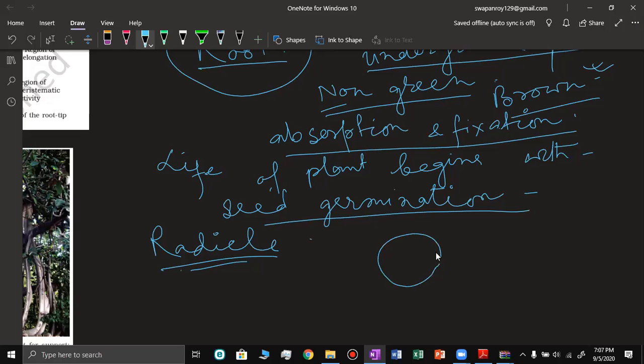Say this is a seed. Initially the radicle comes out, and this radicle grows and forms the primary root.